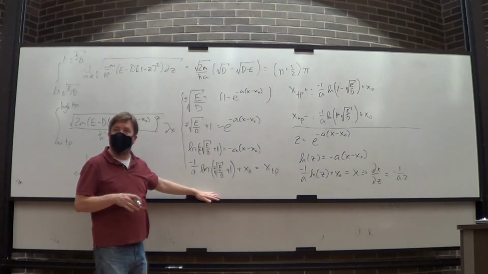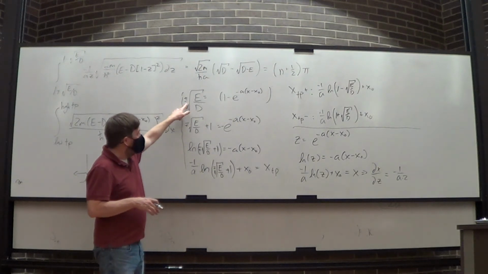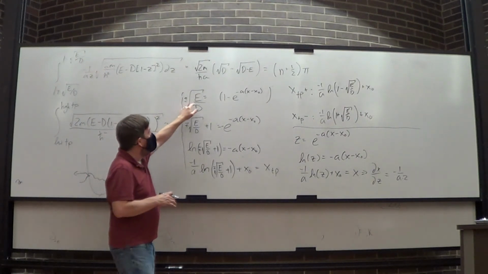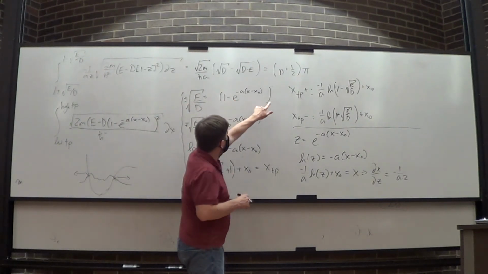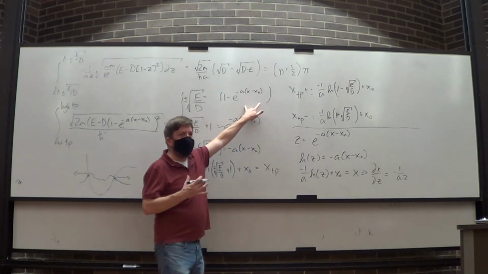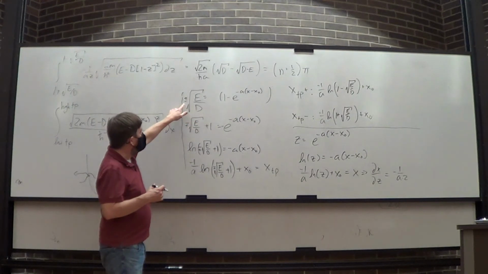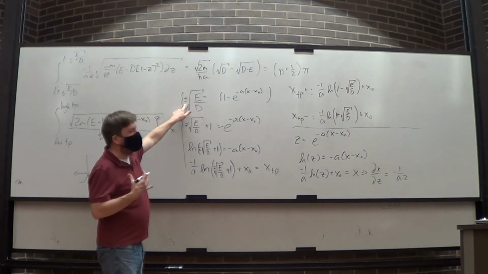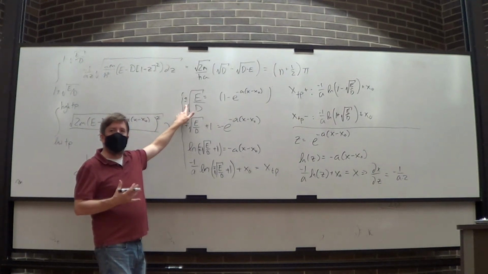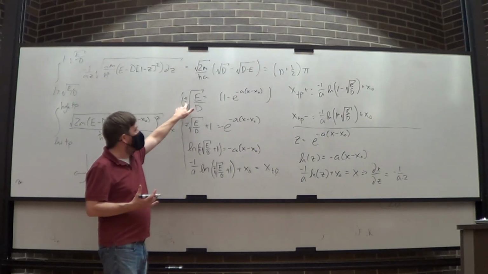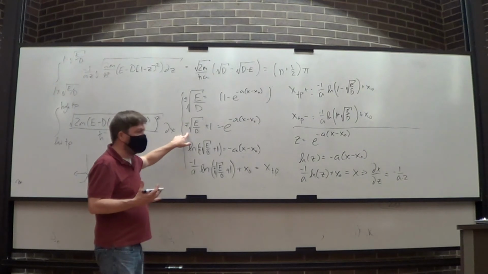But the way you really do this is you have to follow it from here. You've got to keep track. At this point, you've identified why you're going to find two x's. Whenever you've got something squared, you're going to have two answers, a plus and a minus. Now, it's fine at this point to say the upper limit's plus. You just got to follow it through. It's just that you're going to end up multiplying by a minus sign, and that switches the roles.